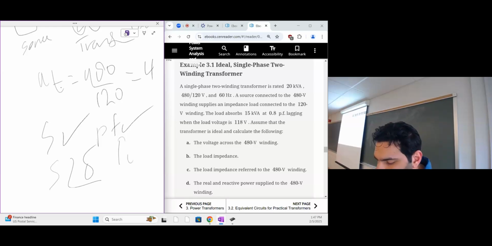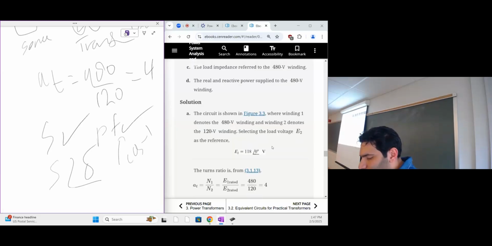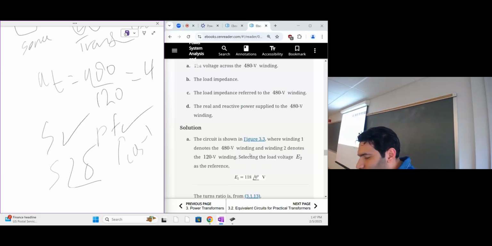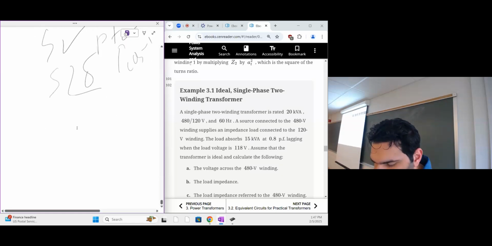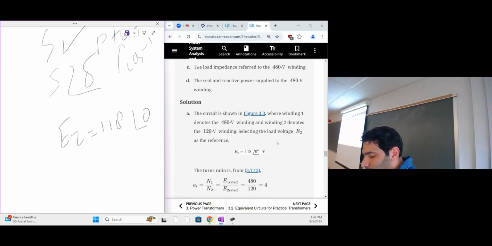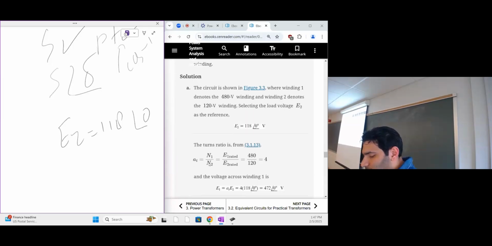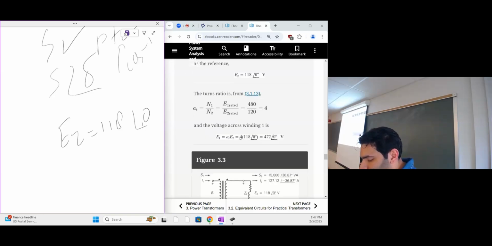The angle is the cosine inverse of the power factor. So you will be getting, at first, E2 is 118 because it's the delivered voltage, the load voltage. And then you will apply the turns ratio that you got. E1 is aT E2. It came out to be 472. That's what I was saying. It may not be 480.